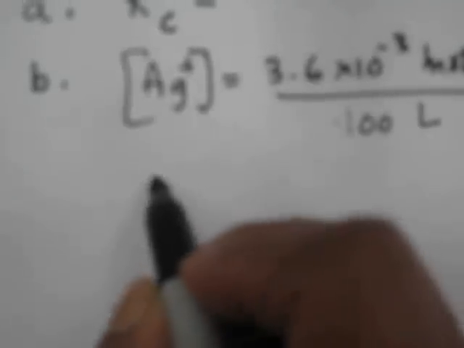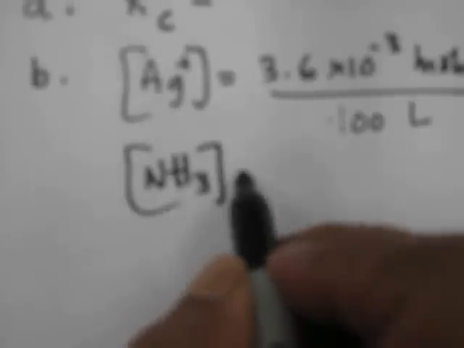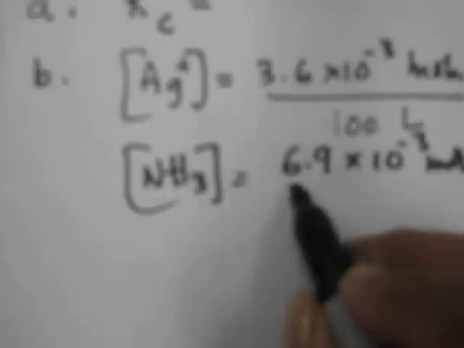This is the concentration of silver, and ammonia will be 6.9 times 10 to the negative third moles over 0.1 liters. So these are the initial concentrations.